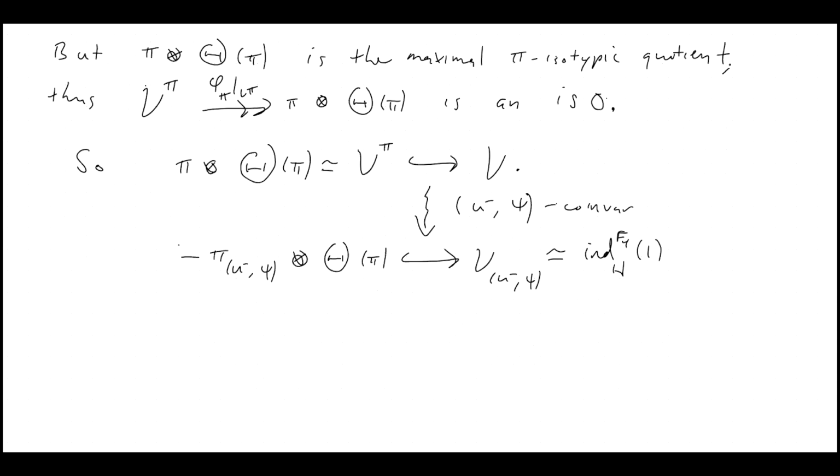And on the left-hand side, we get C tensor sigma. This is because the supercuspidal representations are generic. And we have the multiplicity one here.